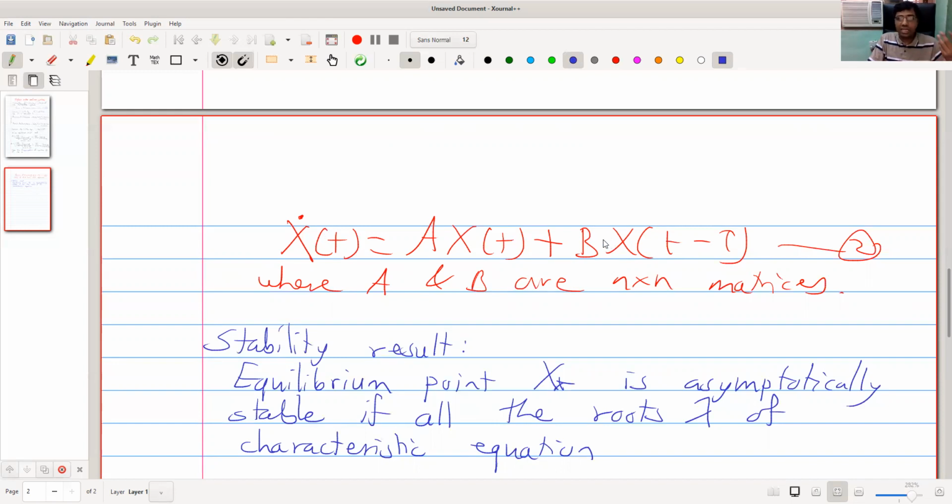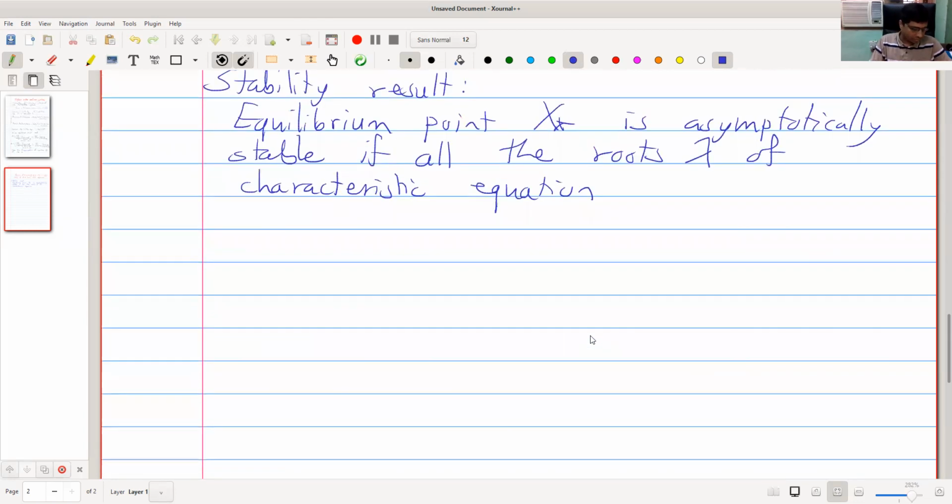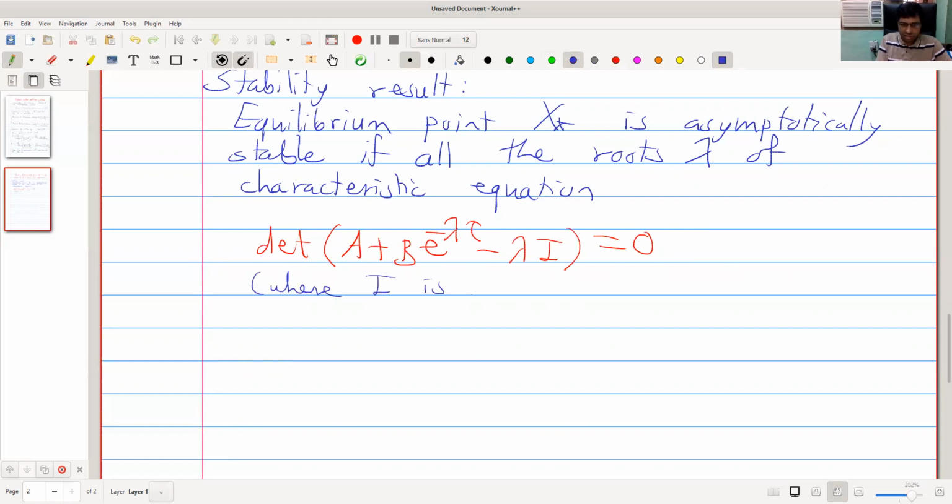We need to equate the determinant to 0, where I is the n by n identity matrix.